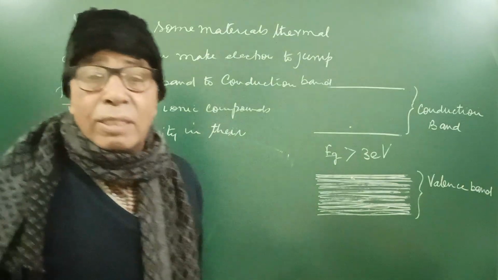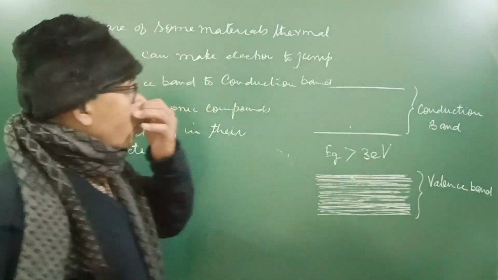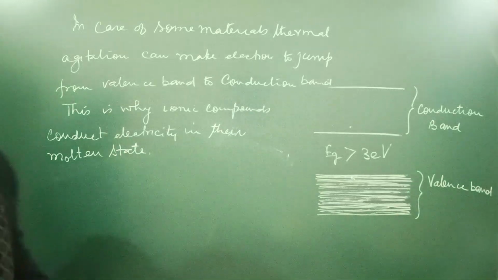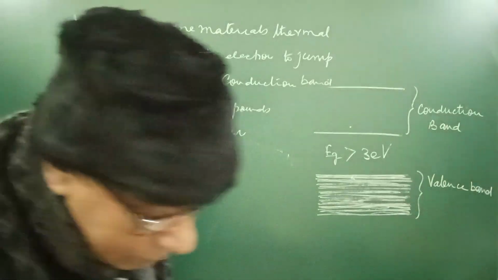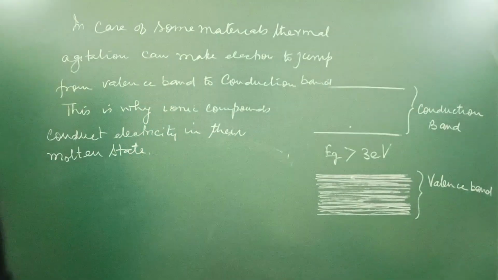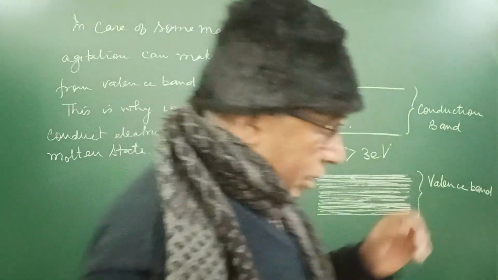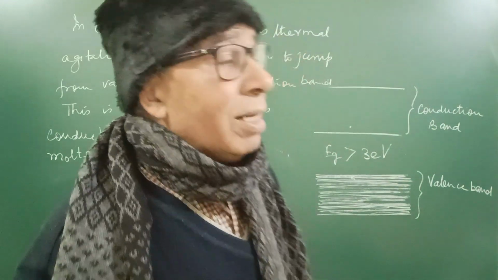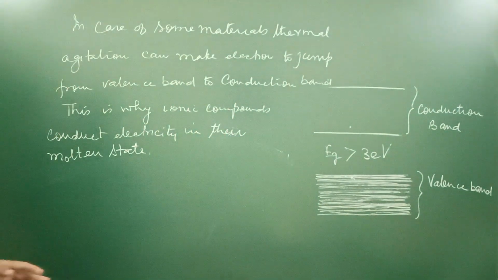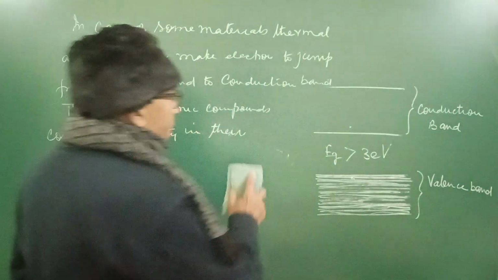When they melt, they can conduct electricity. Thermalization can provide this much energy. So we are differentiating here the good conductor, insulator and semiconductor on the basis of energy band. This is very important to understand.